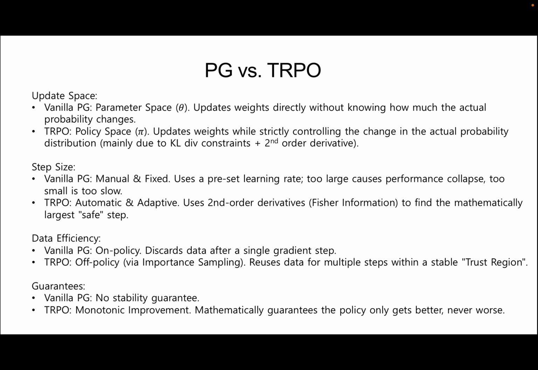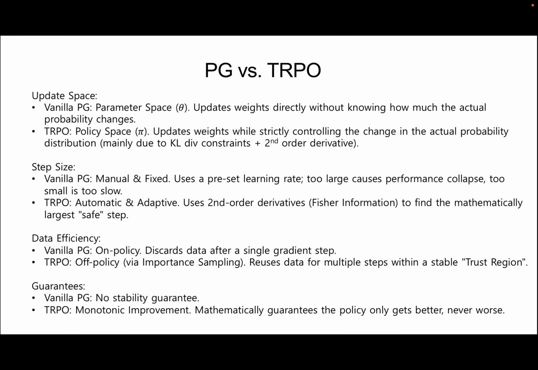So let's see the difference between the original PG, vanilla policy gradient, and TRPO. Update space: vanilla PG updates weights directly in parameter space without knowing how much the actual probability changes. That is what we learned in the previous class, the problem of PG. The distance between parameter space and policy space is very different.